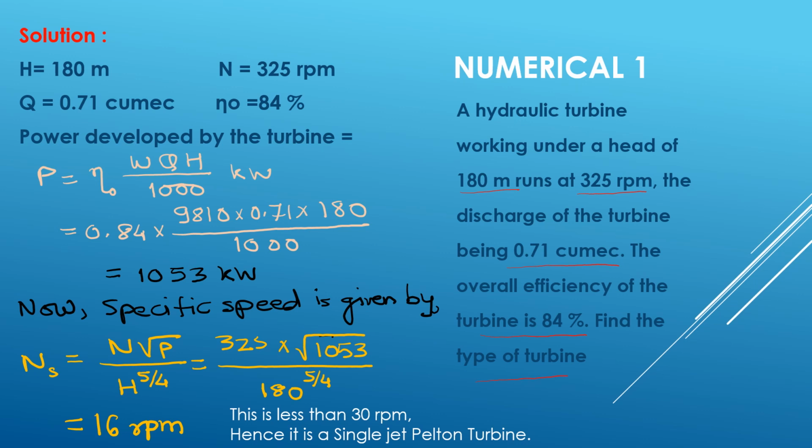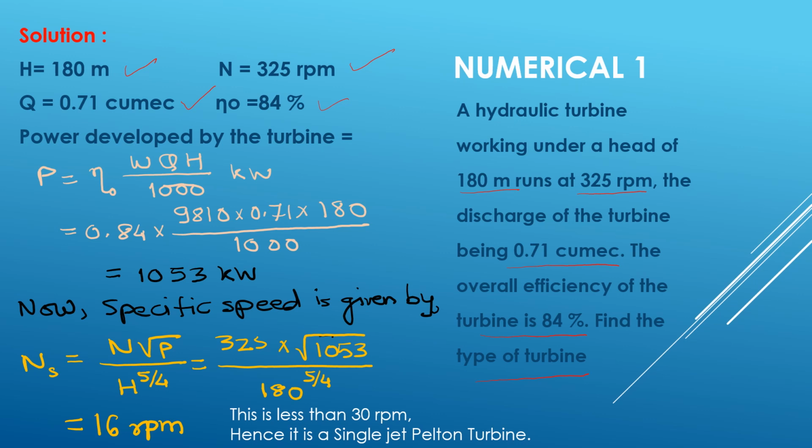What is the type of turbine? To find out the type of turbine, we must first find its specific speed. So H is 180 meters, N is 325 rpm, Q is 0.71 cubic meters per second, and eta 0, that is efficiency, is 84%.